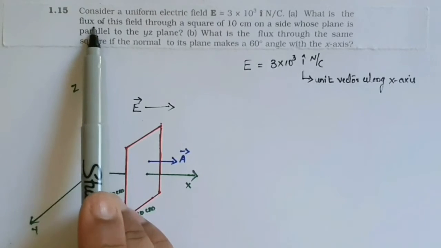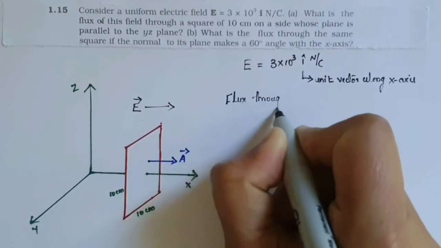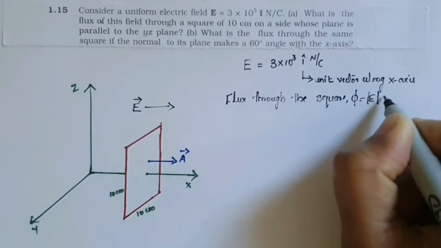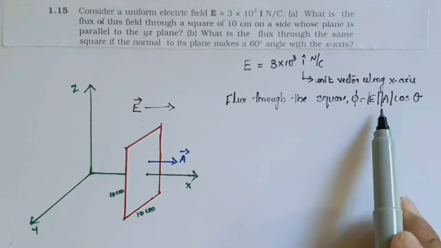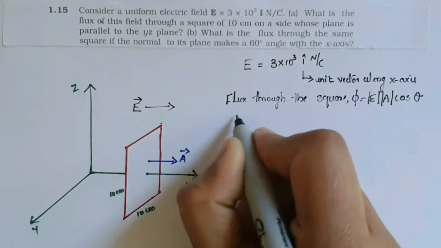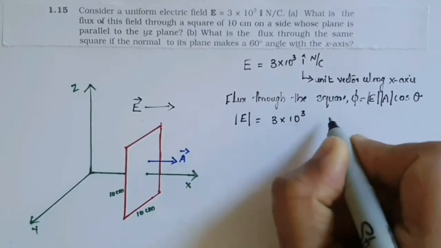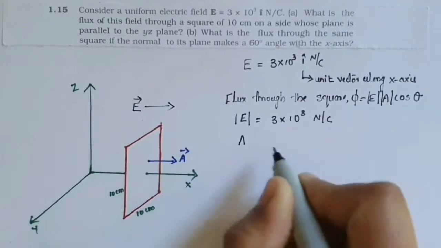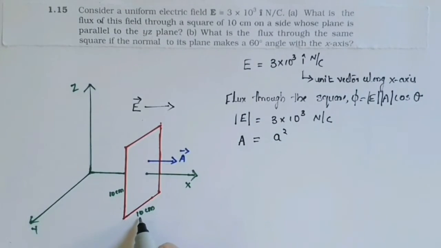Now we have to find the flux through this square. Flux through the square phi is equal to EA cos theta. Now substitute the values. Now what is the magnitude of E? This is 3 into 10 raised to 3 Newton per coulomb. Now what is area? Area of the square is a square, where a is 10 cm.